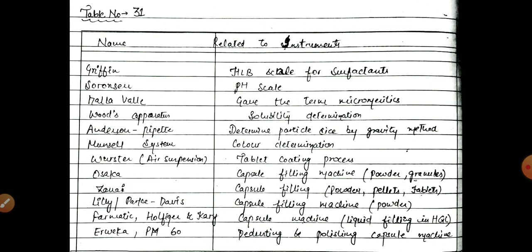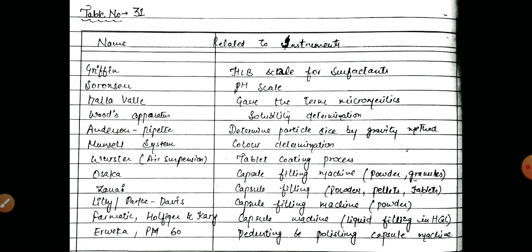Osaka is regarding capsule filling machine, like for powders and granules. Zanasi is regarding capsule filling machine, especially for powders, pellets and tablets. Then Formatic, Hofliger and Karg, these all are related to capsule machines for liquid filling in HGC, hard gelatin capsules, and Eureka PM60 is a de-dusting and polishing capsule machine.